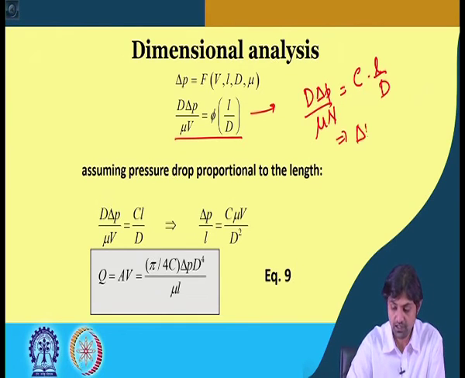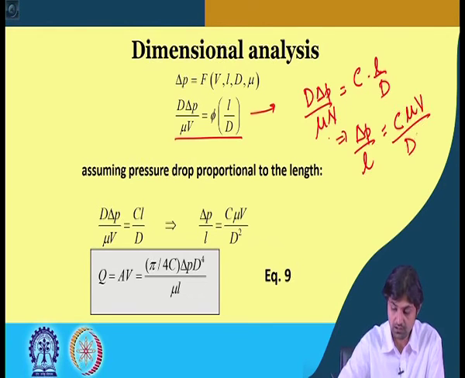Therefore we can write delta p by L, L we bring this side, other parameters we take that side, okay. It becomes c mu v by d square, or q is equal to area into velocity. All right.